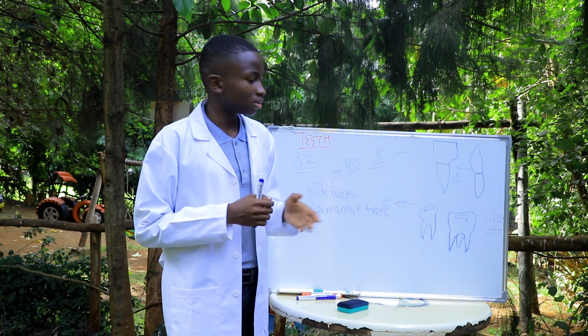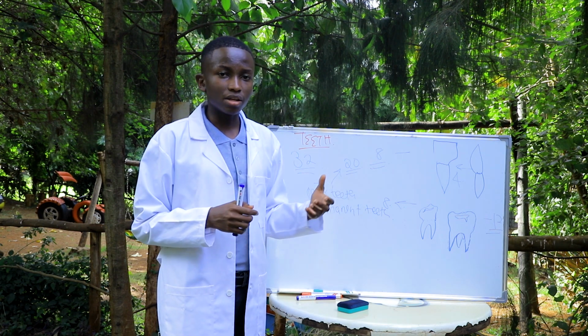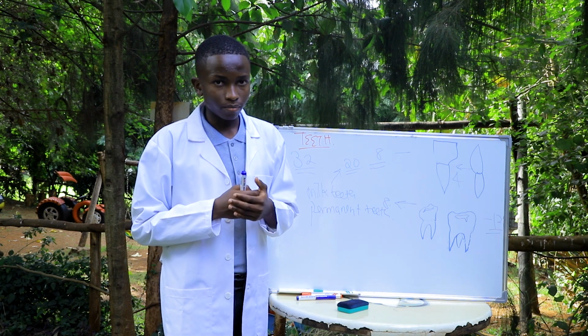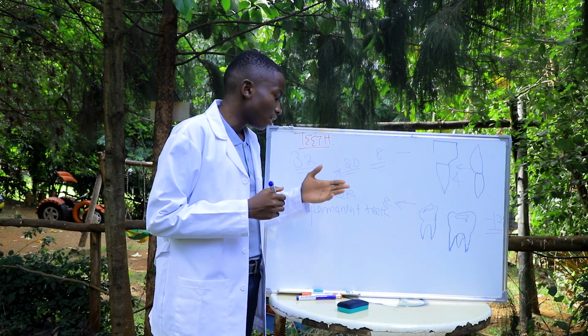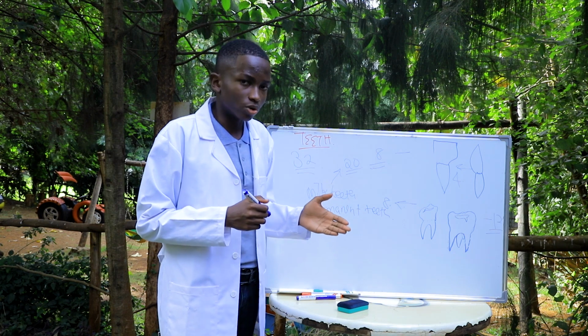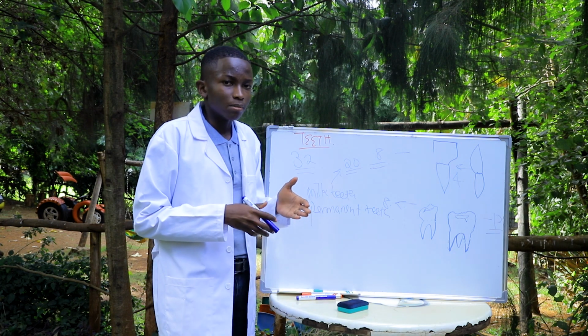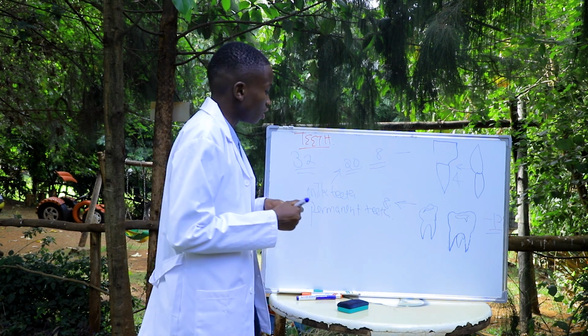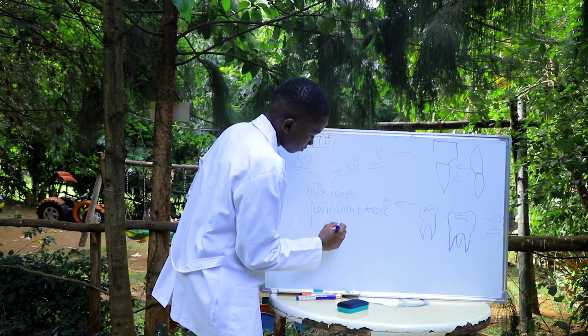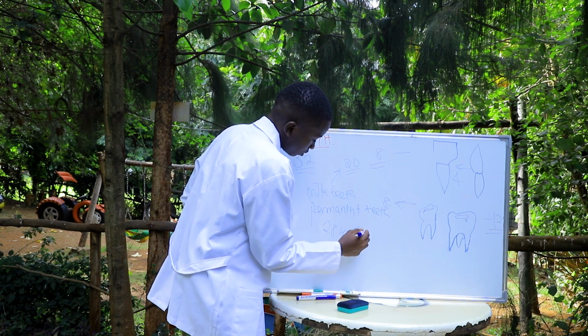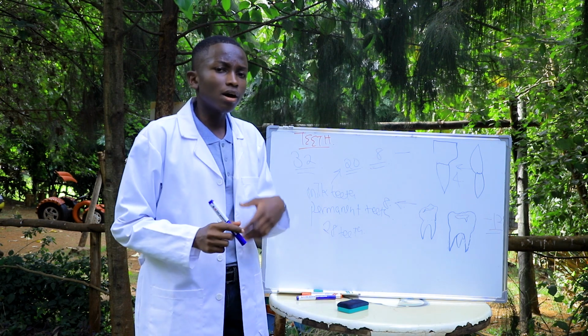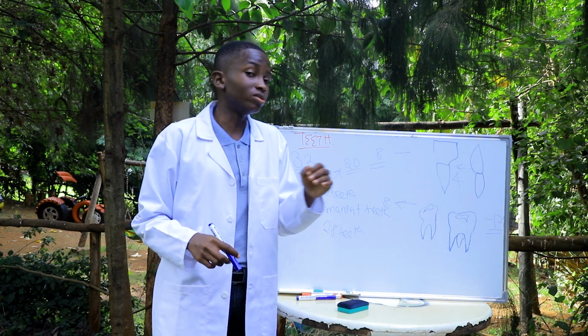And most of the times, the teeth that are permanent will start growing. Now, the permanent teeth will continue growing, and you tend to find by the age of 15, 16, you have 28 teeth in your mouth. But remember, an adult human being has 32 teeth.